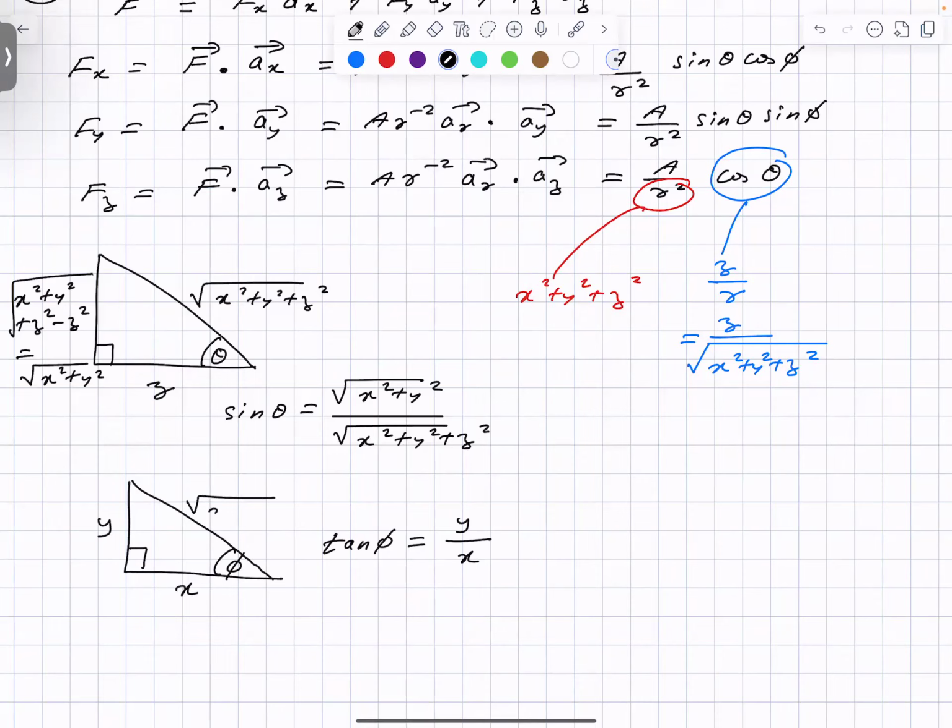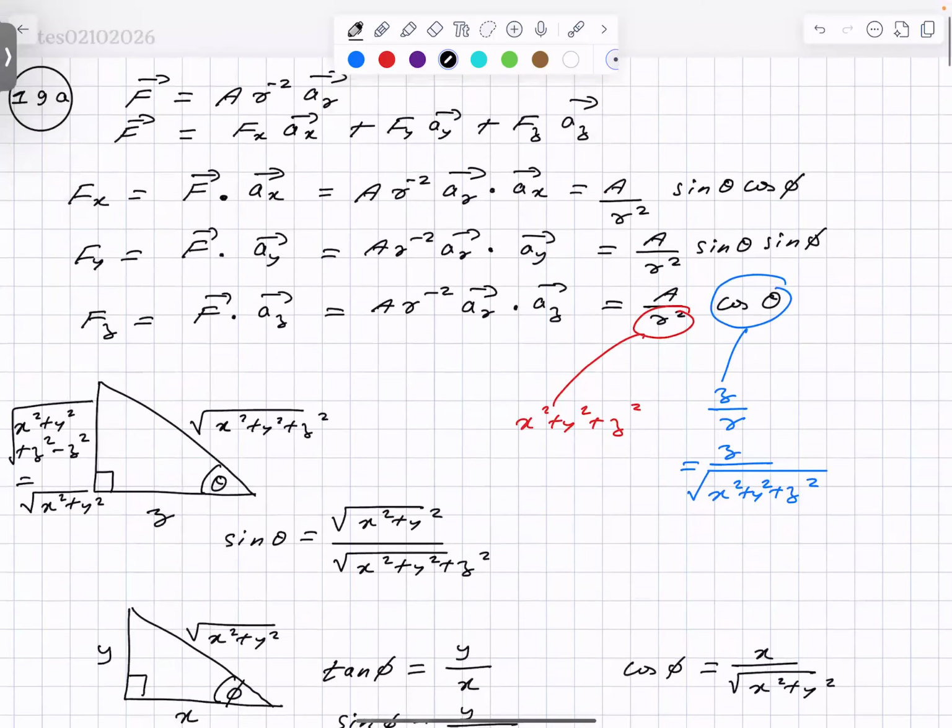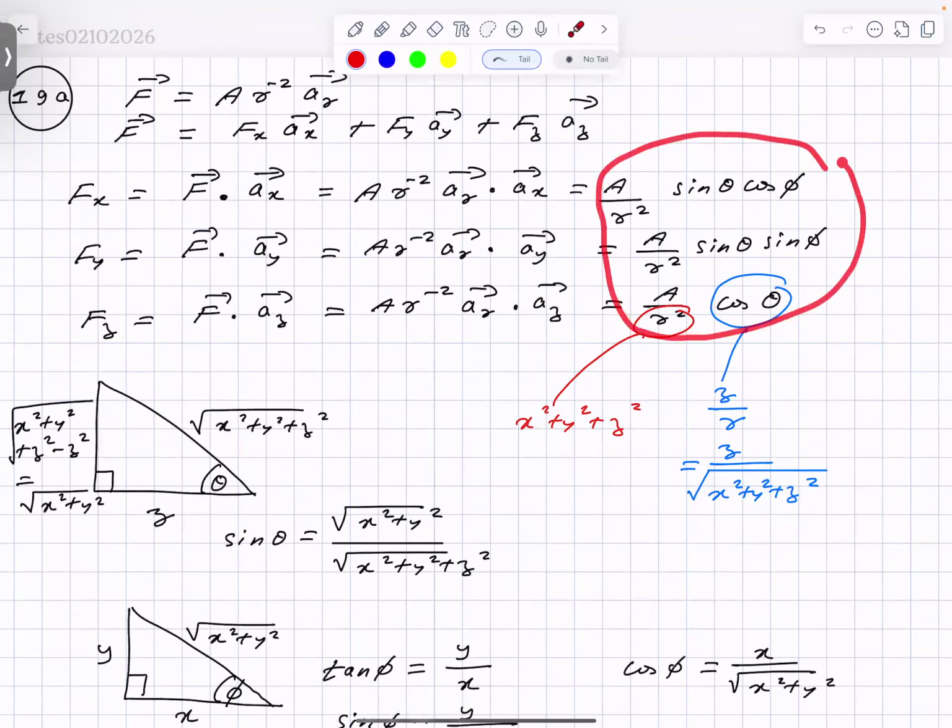So the hypotenuse has to be, using the Pythagoras theorem, the square root of x squared plus y squared. And once we know all the sides, sine phi would be y over the square root of x squared plus y squared, and cosine of phi would be x over the square root of x squared plus y squared. So we have all these expressions in terms of x, y, and z.